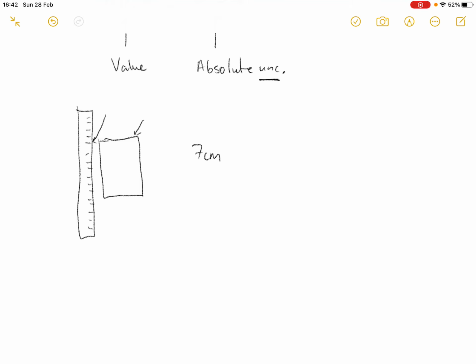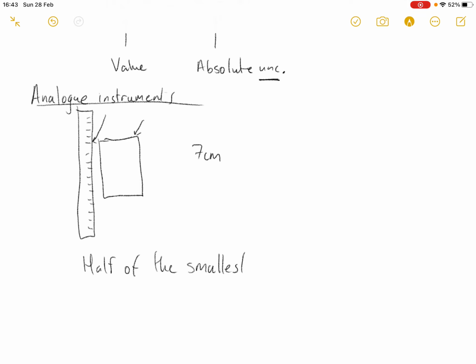Typically for analog instruments, now analog is something with continuous values like this ruler, for analog instruments, typically we take the uncertainty to be half of the smallest increment. Now what do I mean by the increment? Well, I'm just going to zoom in over on the right side here.